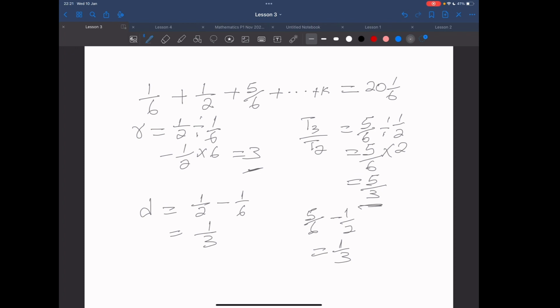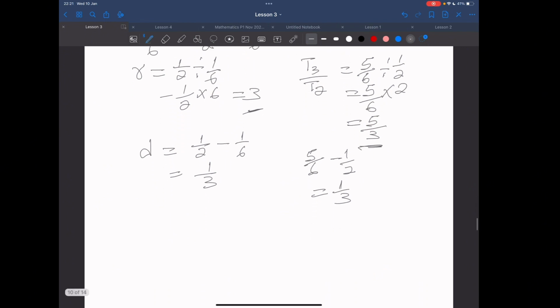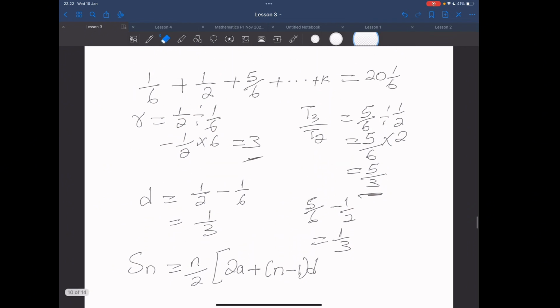Therefore, we are going to use the arithmetic equation for the sum to n terms. Let's remind each other: S_n is n over 2 into 2a plus (n minus 1)d. We are given the sum to n, which is 20 and 1 over 6.